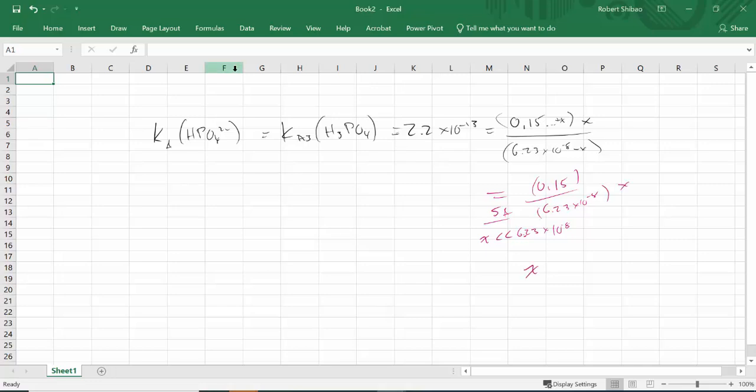Then I calculate x here, see what that comes out to. So I'm going to get 2.2 times 10 to the minus 13 times 6.23 times 10 to the minus 8 divided by 0.15.